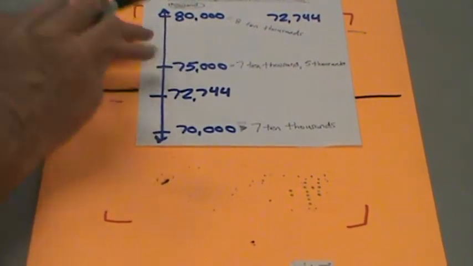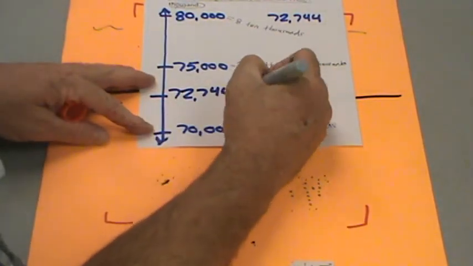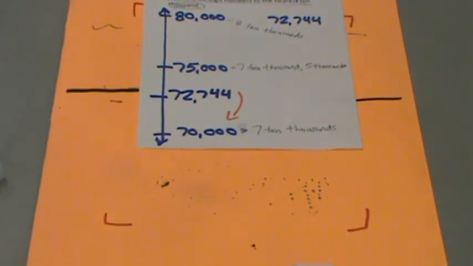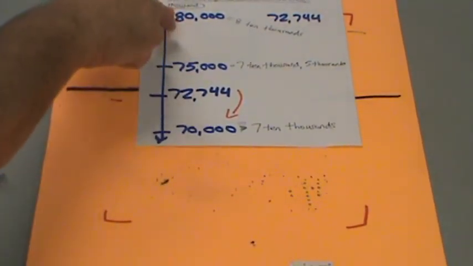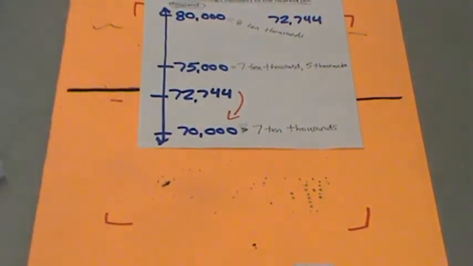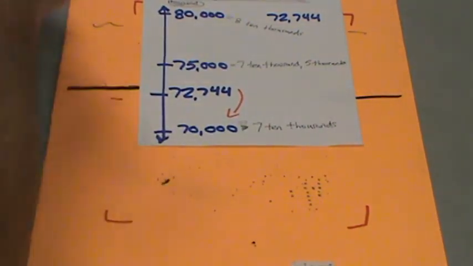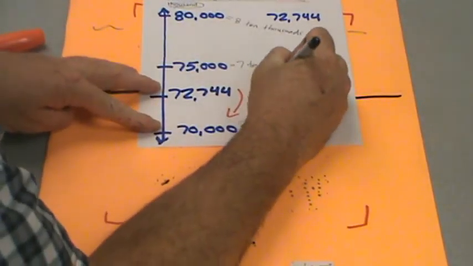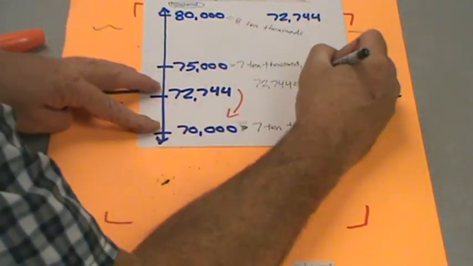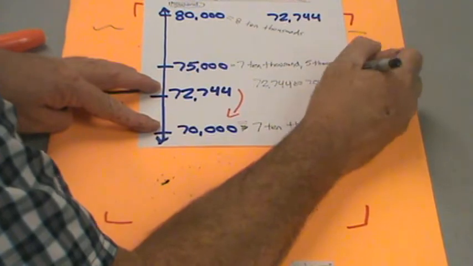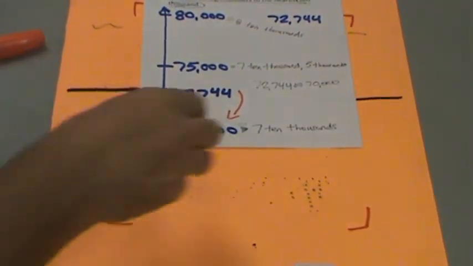We got 5,000s up here. So guess what's happening? We're going to be rounding down to 70,000. Right? Because we're closer to 70,000 than we are to 80,000 all the way up there. Okay? So we could say that 72,744 is rounded to the nearest 10,000 place value to 70,000.